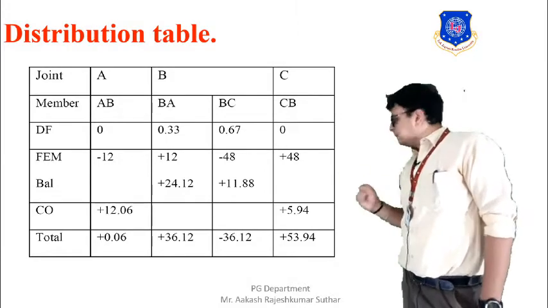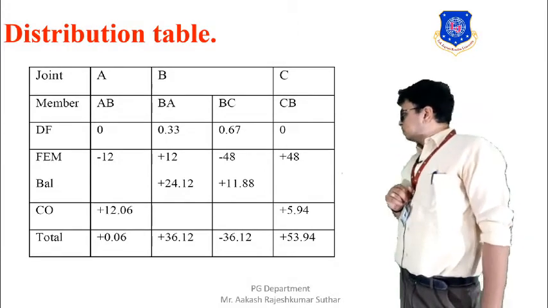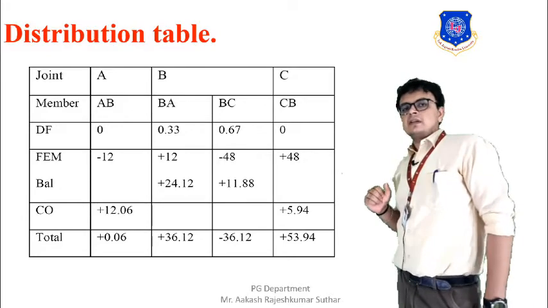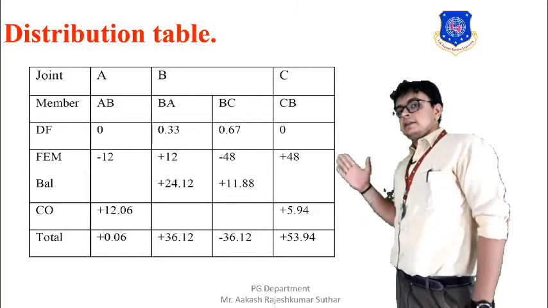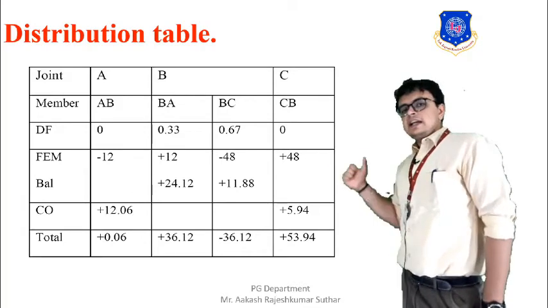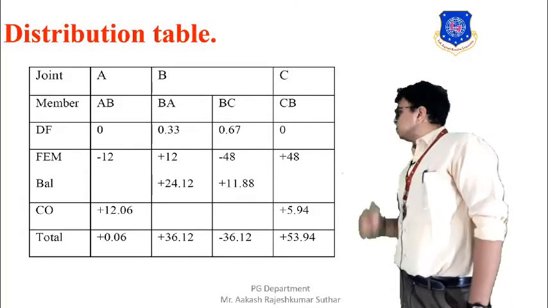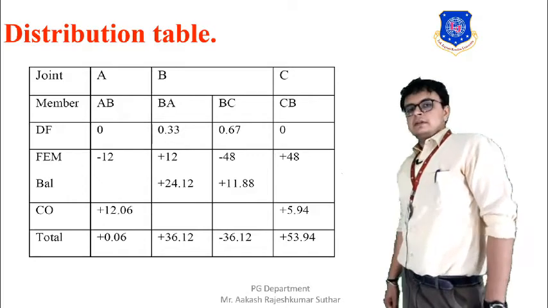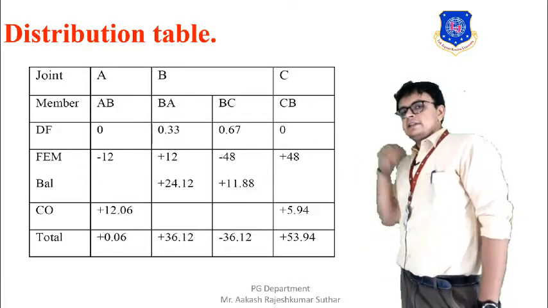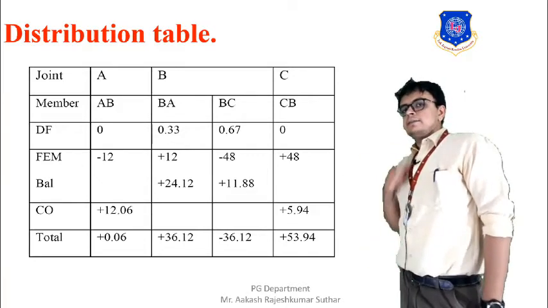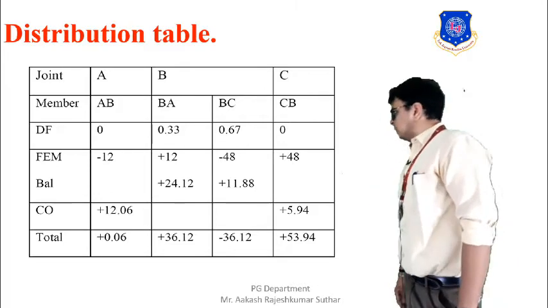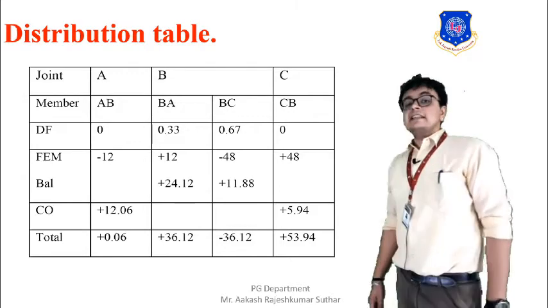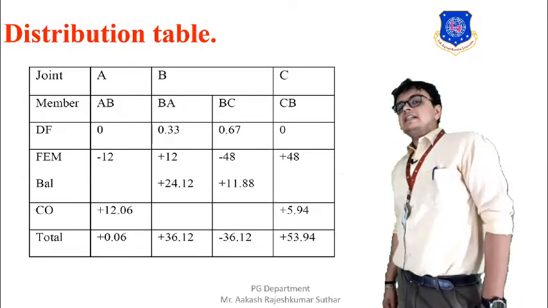So for the AB member, we have the distribution factor 0. Then in joint B, for the BA member, we have the distribution factor as 0.33. After that, we have the BC member, and there we have the distribution factor as 0.67.